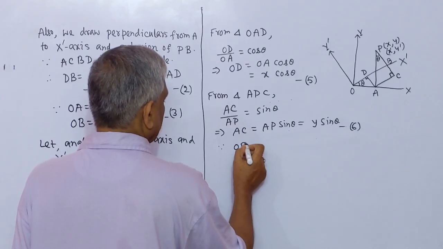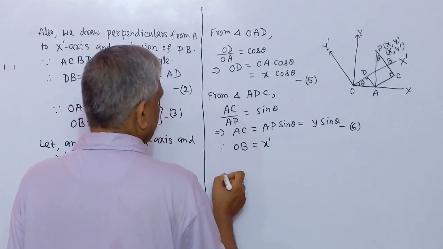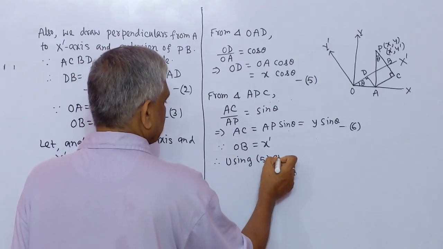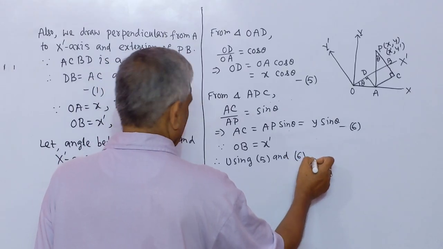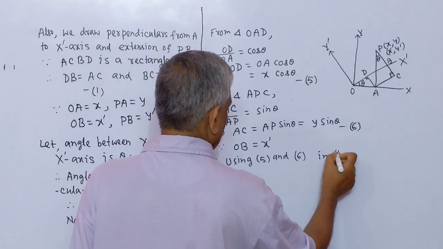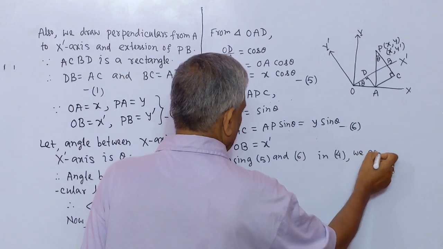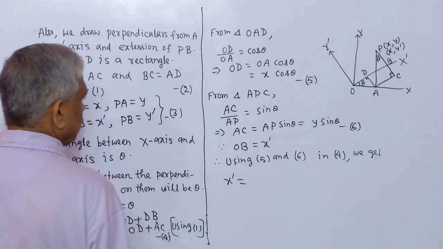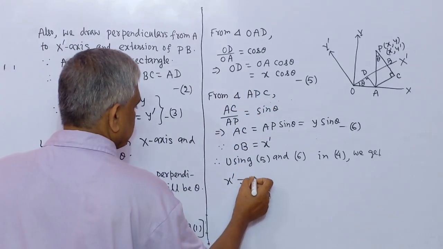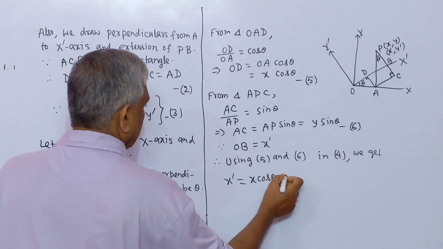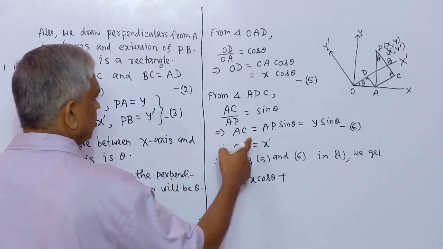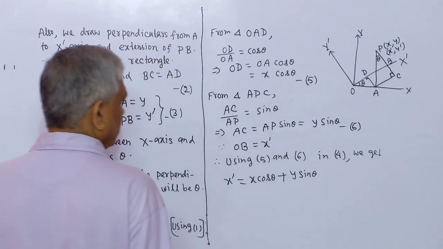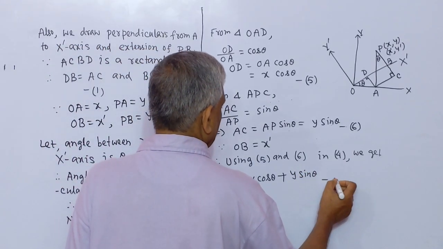Since OB equals x prime, using 5 and 6 in 4 we get x prime equals x cos theta plus y sin theta. This is number 7.